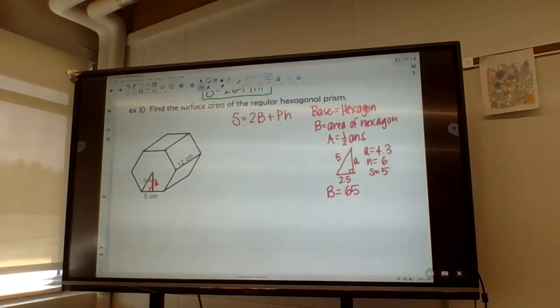Now remember, the capital P is the perimeter of the base. That should be easy to find because this is a regular polygon, so these are all the same. They're all 5.